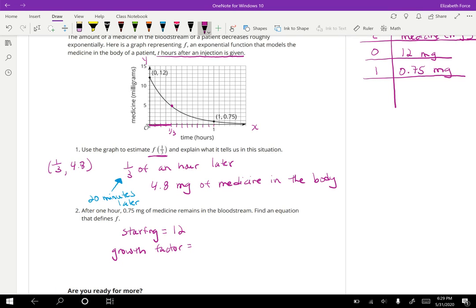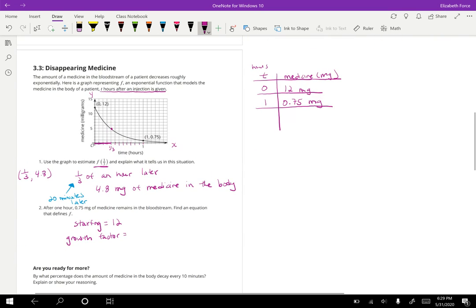What do we multiply by? So 12 times what? You can even make a little equation: 12 times what number, put a little question mark in there, gave me my next value in your table.